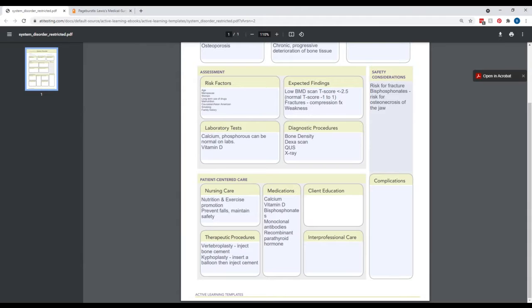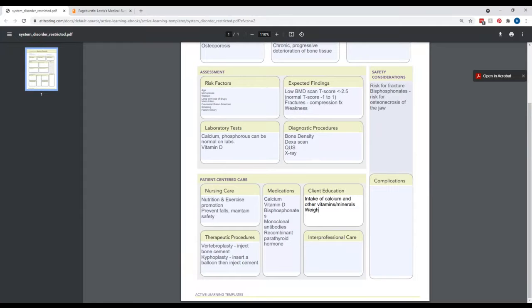Education. We kind of already talked about this in our nursing care. We're going to promote nutrition and exercise, so we're going to provide teaching on intake of calcium, and exercise.